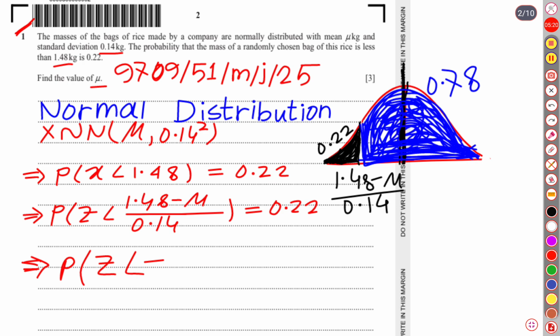We are going to use our normal distribution table, in which none of the corresponding probabilities is given less than 0.5. So instead of finding the smaller part, that means 0.22, we will look for the corresponding z-score when the probability is 0.78. The z-score will remain the same, just the difference is in direction, leftward or rightward.